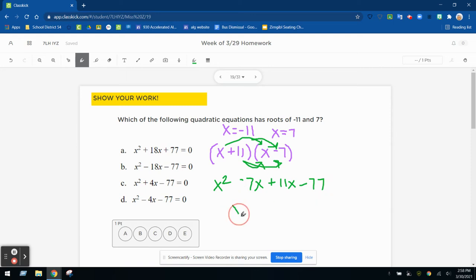And then I can combine like terms, so I have x squared, negative 7 plus 11, it's going to be plus 4x minus 77. So which one matches? We have C.